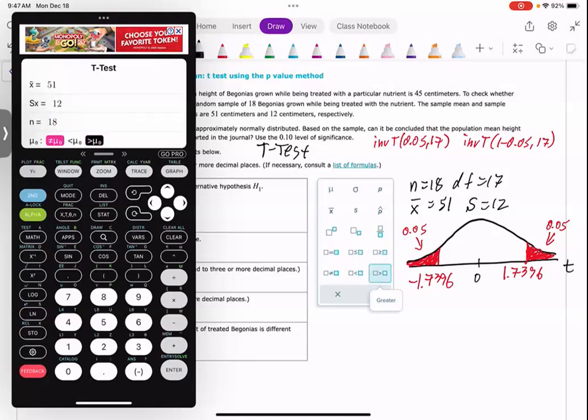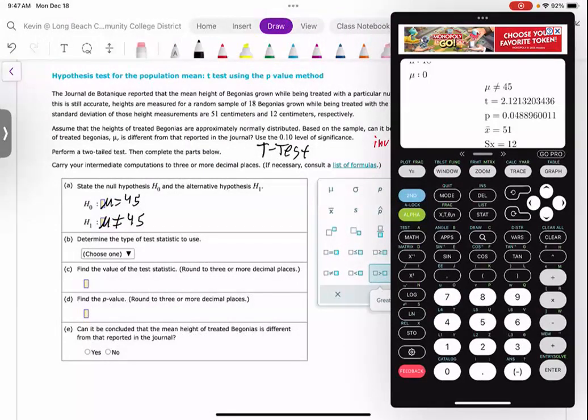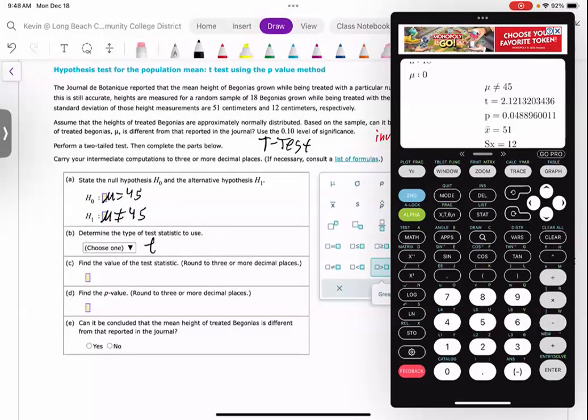And this is a not equal to. And here is our test statistic. So this is a t. Test statistic is right there. That's 2.1213. And in this case, they're doing the p-value, which is 0.048896. And our alpha is 0.1. So this is definitely less than our alpha.